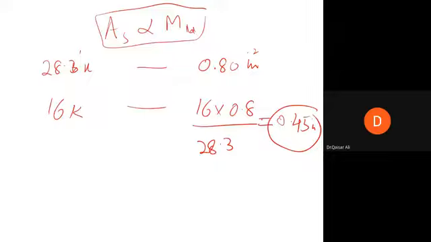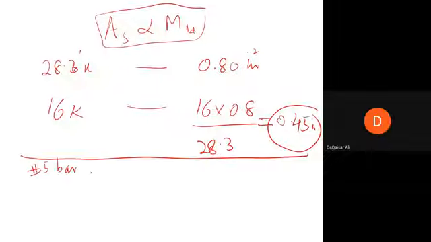Once you do this, the next step is a decision about the diameter of the bar or the number of bar to be used in this slab. Let's say we want to use number 5 bar. Number 5 bar has an area of steel equal to 0.3 square inch, you know this.